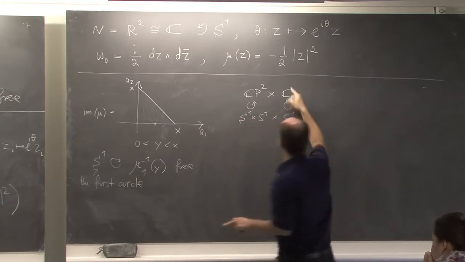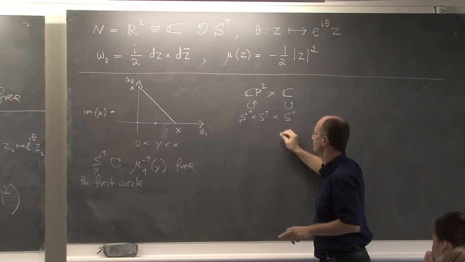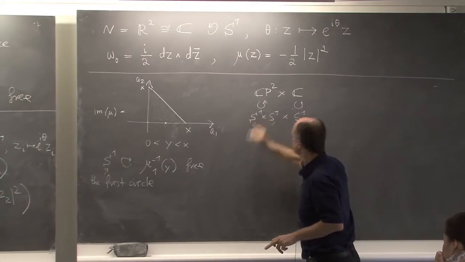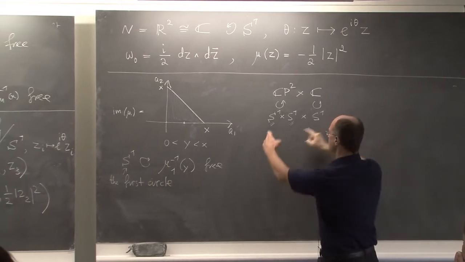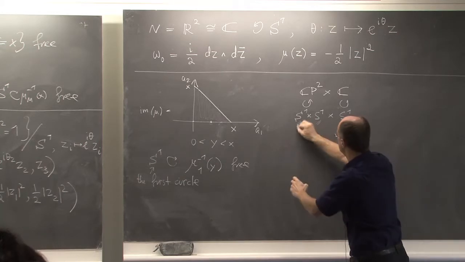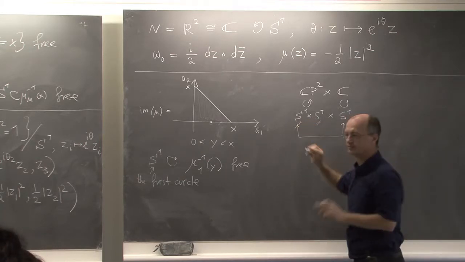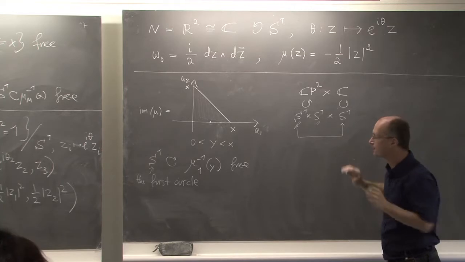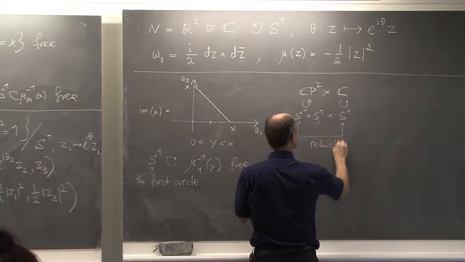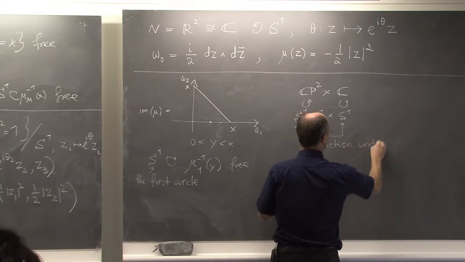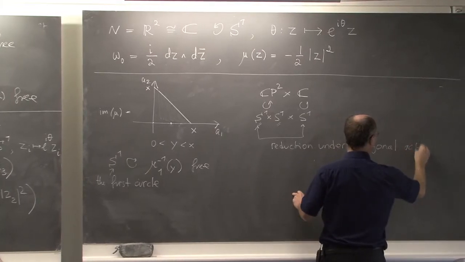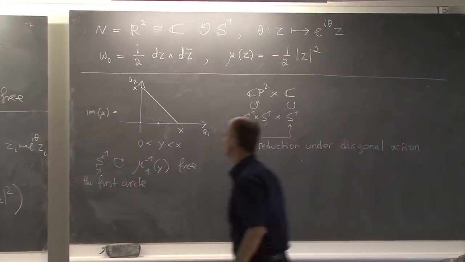So in total, now I have 3 of them. This one I don't touch. This one I also don't touch. And then I do reduction with respect to the diagonal action of these 2. So that's the scheme, reduction on the diagonal action.